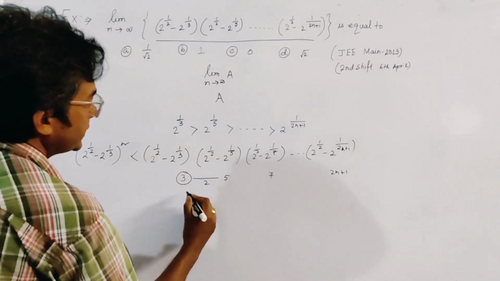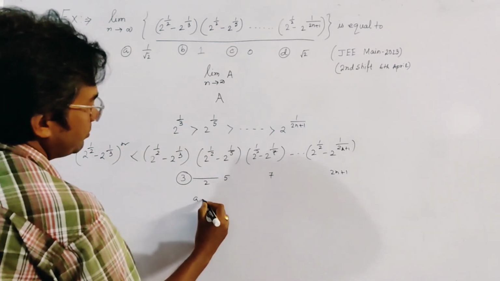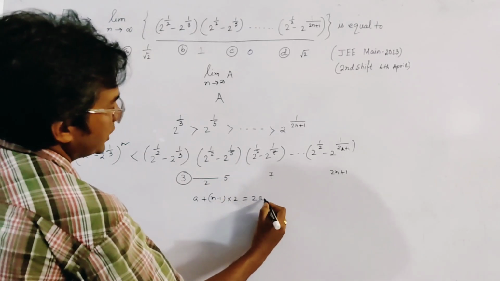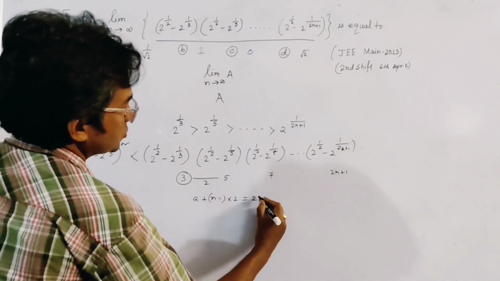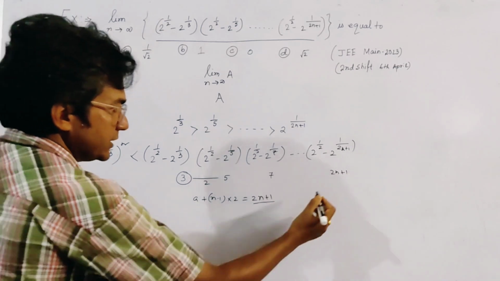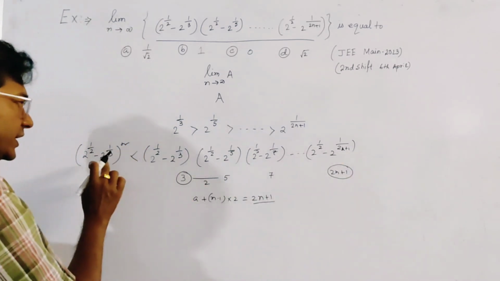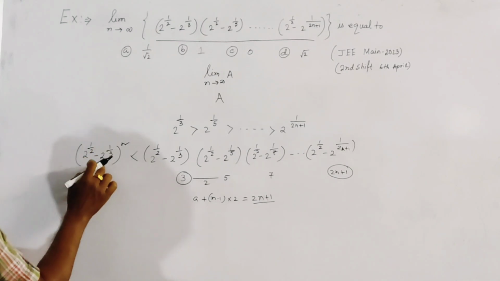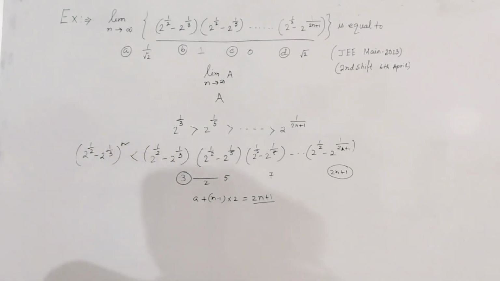So we get a + (n−1)·2, which is 2n+1. This is the nth term. So we get the nth element, and we write (2^(1/2) − 2^(1/3))^n.